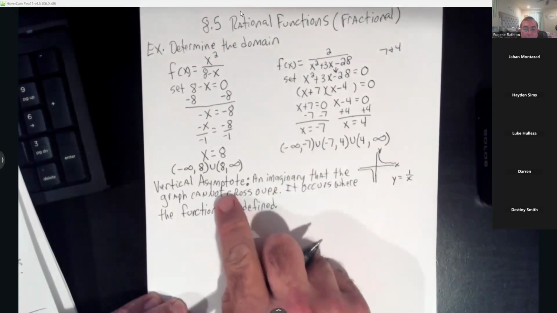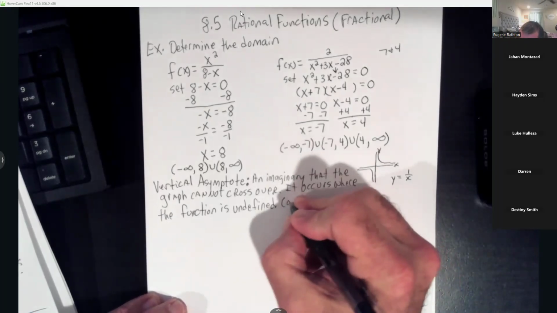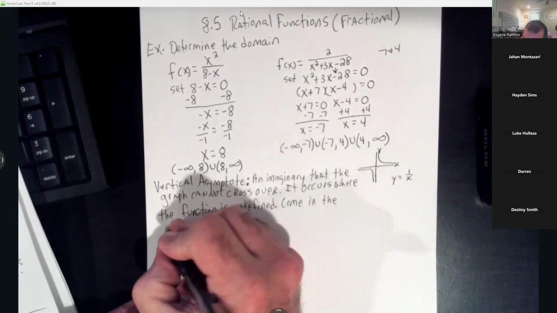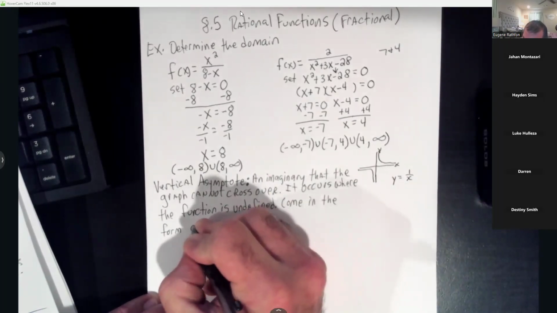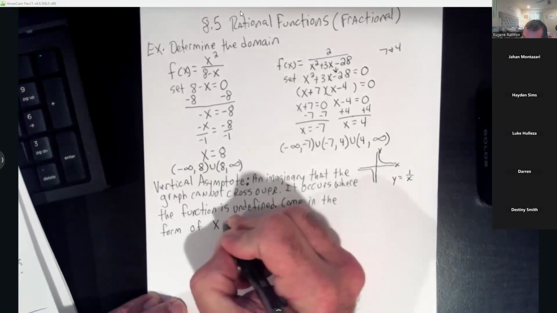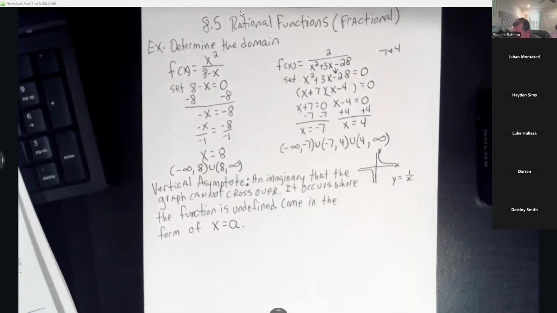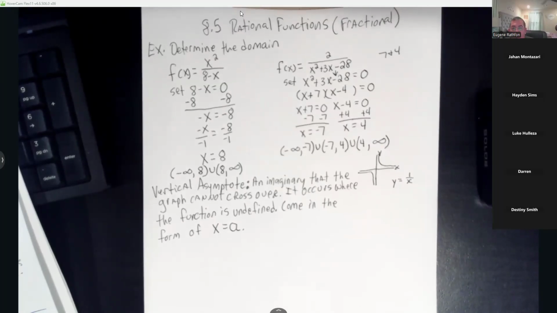Okay. And these vertical asymptotes come in the form of an equation. And that equation would be x equals some number. All right, y'all. So I'm going to show y'all.